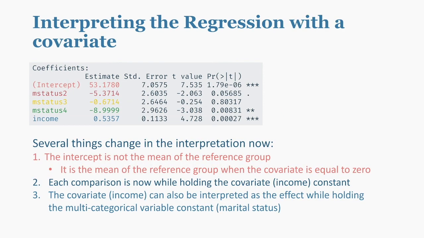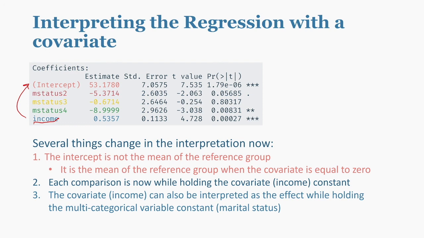Okay, but what happens to that interpretation when we add in a covariate? Well, several things are going to change about our interpretation now, and that's going to impact our intercept, right? So the intercept is no longer the mean of the reference group. It's the mean of the reference group when the covariate is equal to 0.